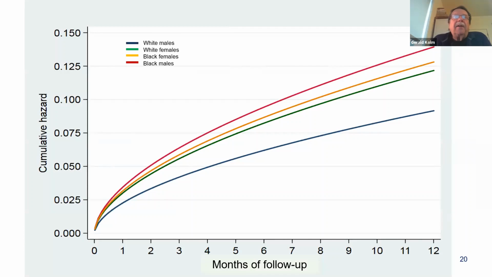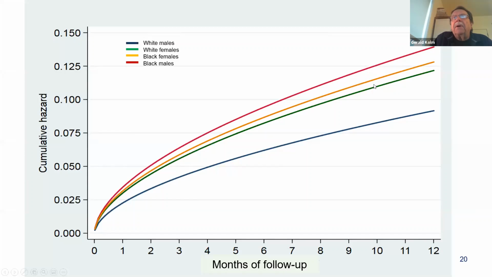What I've done here is I've plotted the cumulative hazard rates and smoothed them out, so it's a little easier to see rather than having the Kaplan-Meier stair step. So you can see here where we get the sex by race interaction, in that the cumulative hazard for white males is quite a bit smaller or less than it is for the other 3 groups. Here the black males have the highest hazard.